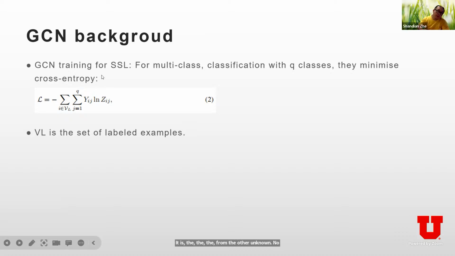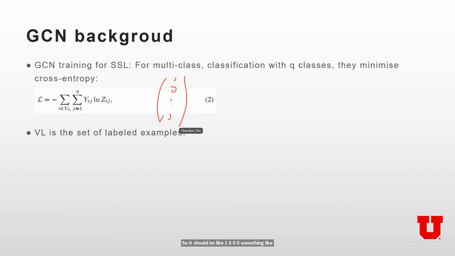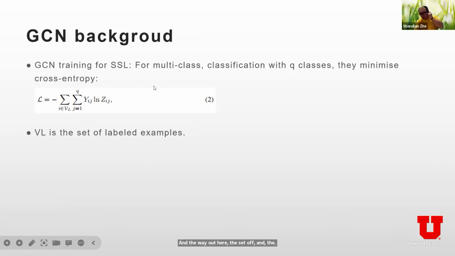The Y_il should be the one-hot encoding, like 1000, something like that. And V_L here is the set of labeled examples. You might just observe a subset of nodes that have the labels, right?